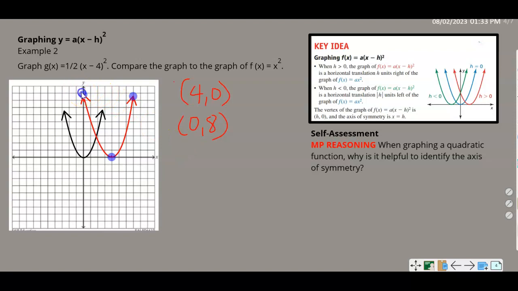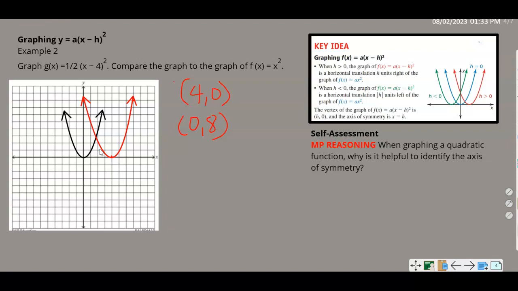All right, so we can see what this function looks like compared to the parent function. So you can see that there is a horizontal movement. So from the parent function to the translation, it has moved over 4 units to the right.